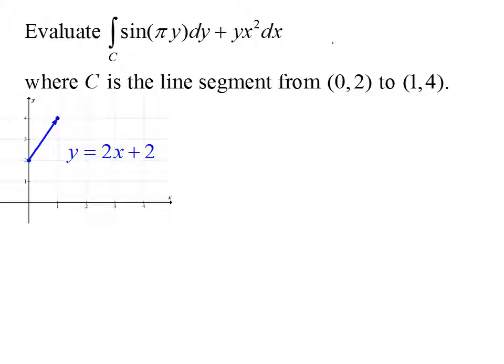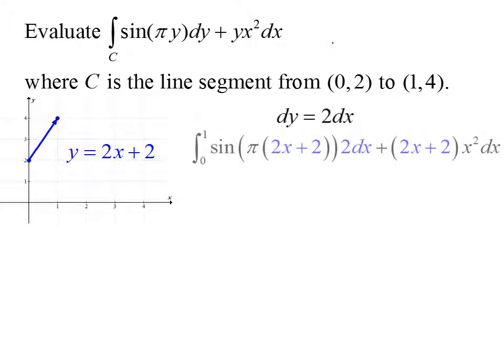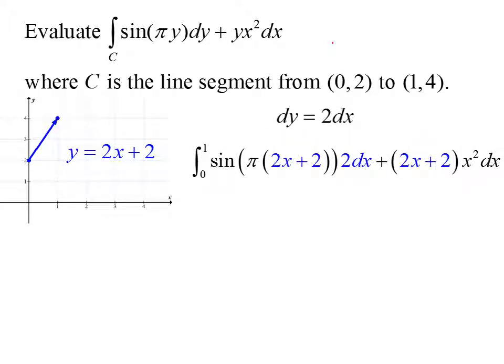Only remember, it's going from x equals 0 to x equals 1. And if we just take that and use it to compute dy, we can then take our line integral, replace all of the y's with 2x plus 2 and all the dy's, the only dy, with a 2 dx. Now again, since we have all dx's now, we know that the limits on the integral would be from 0 to 1.